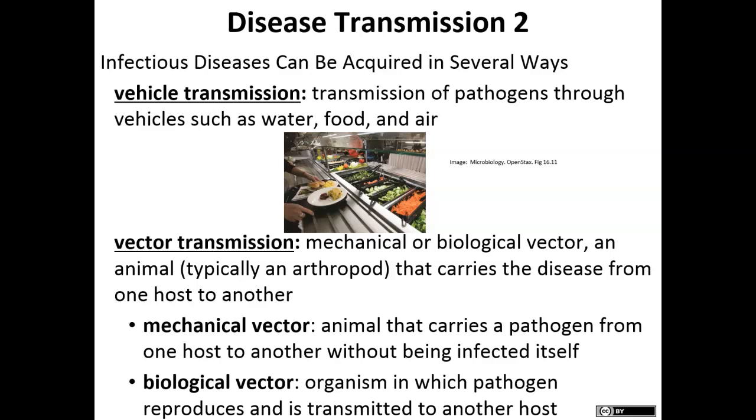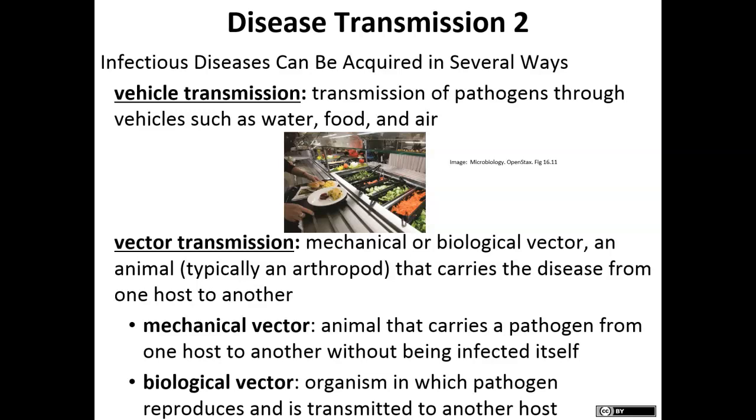Vector transmission occurs when you have a vector like an insect or an arthropod, like a tick or a mite, that transmits a disease.